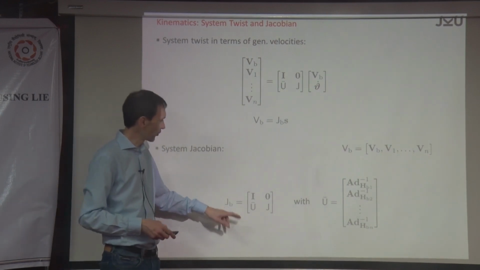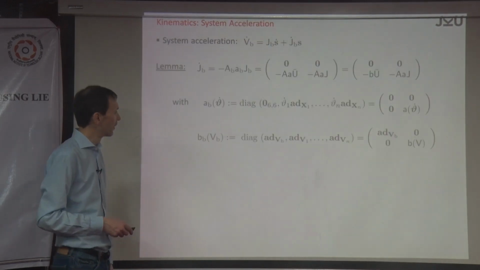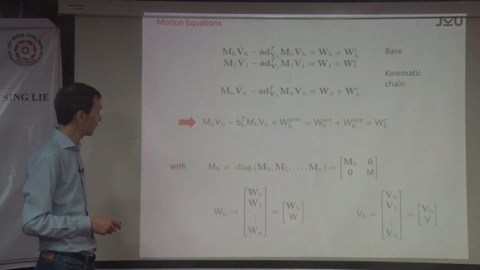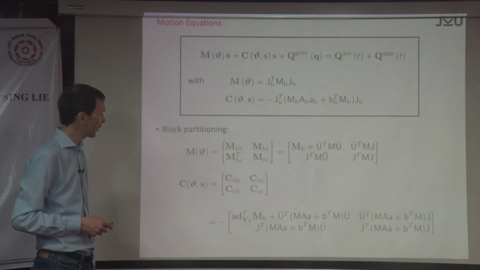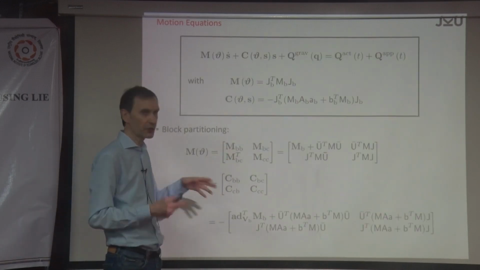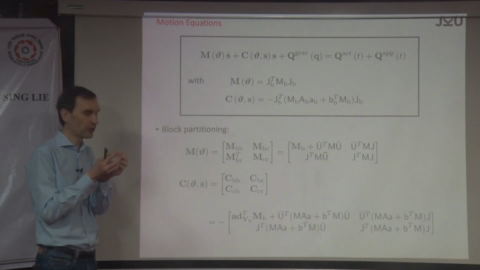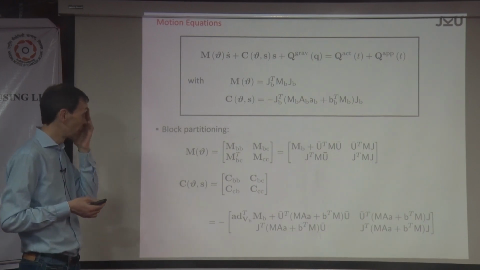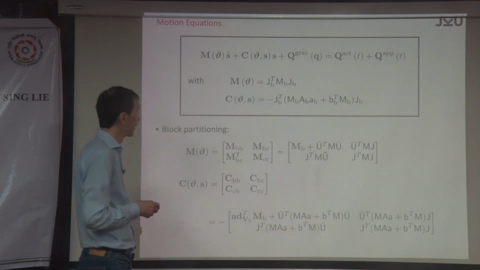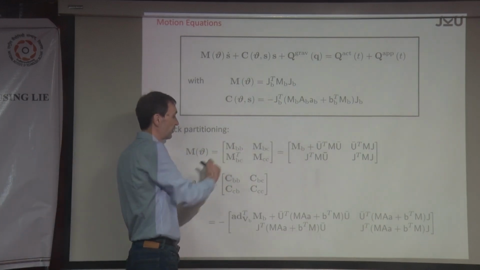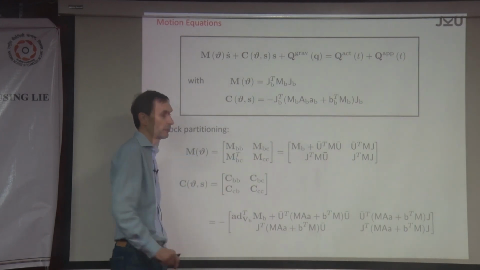This transpose times this M, times J, and what you find is that this M partitions. It makes perfect sense, I hope, because it has to partition: we have first the equation for the base, and then the remaining part for the kinematic chain.